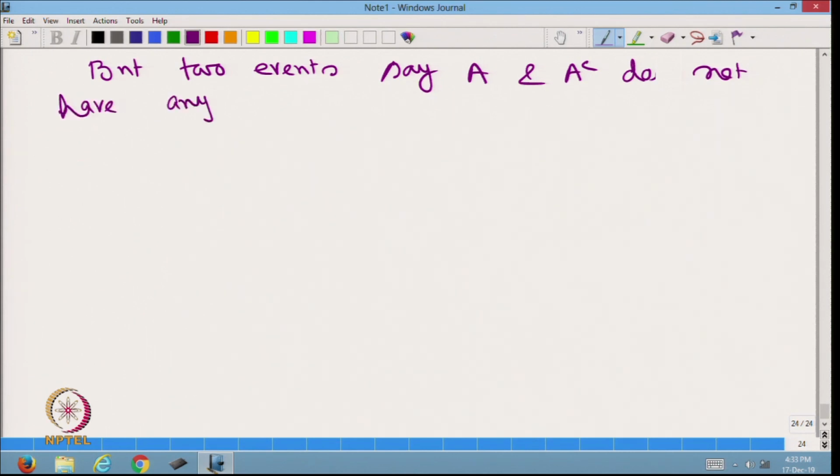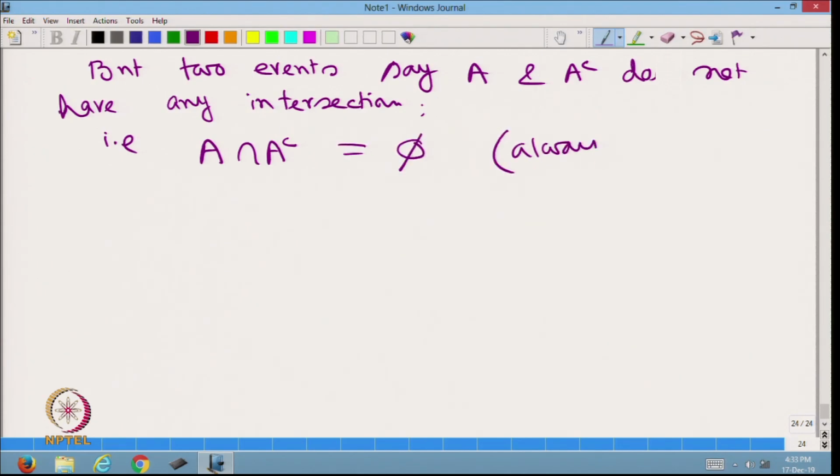Their intersection, that is A intersected with A complement, is equal to phi, always, right? But they are not independent.